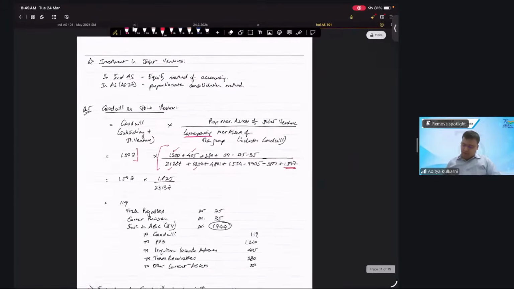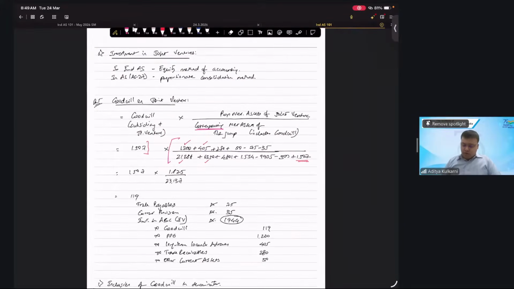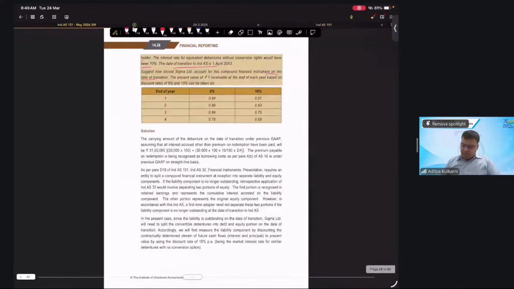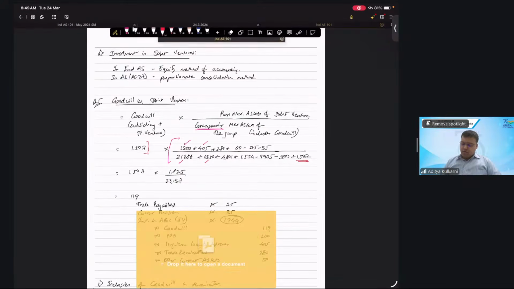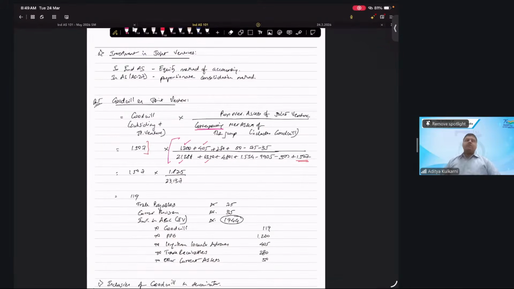Okay. Now, we move on to the next one, that is investment in joint ventures. Okay. So the point with joint ventures is, under your accounting standard regime, you would typically do something known as a proportionate consolidation. You know what is a proportionate consolidation?